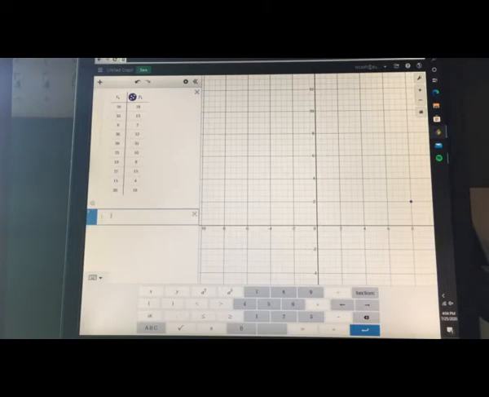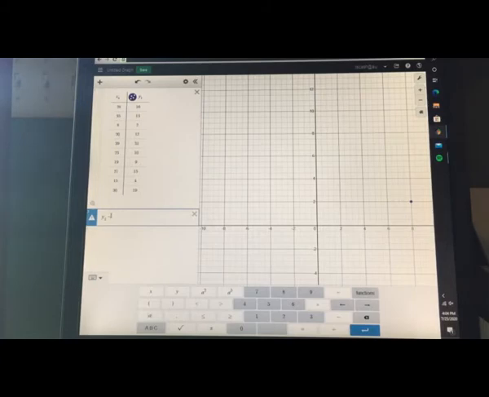So I'm going to type in y1, and now in order to get Desmos to find the equation for it, we're not going to hit equals, we're going to hit the tilde sign. That is shift, and it's the key just to the left of the number 1 on your keyboard.